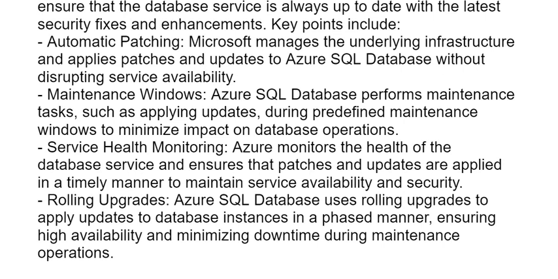And the fourth one is rolling updates. Azure SQL database uses rolling upgrades to apply upgrades to database instances in a phased manner, ensuring high availability and minimizing downtime during maintenance operations.